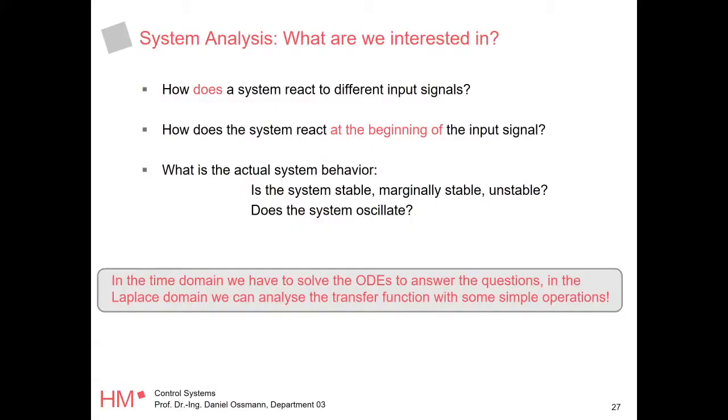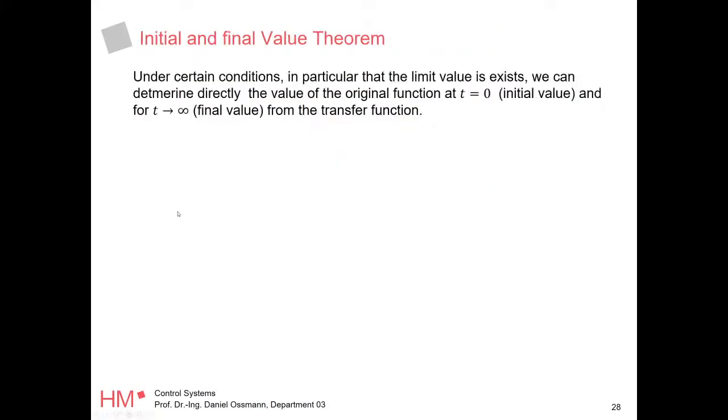And you will see there's a direct link from the characteristic equation in the time domain to our transfer function in the Laplace domain. Things are pretty similar. Okay, so these are things we're interested in, and we're going to go through those step by step. And we're going to actually start out with the first two of those.